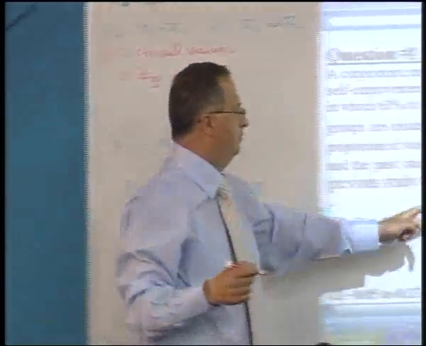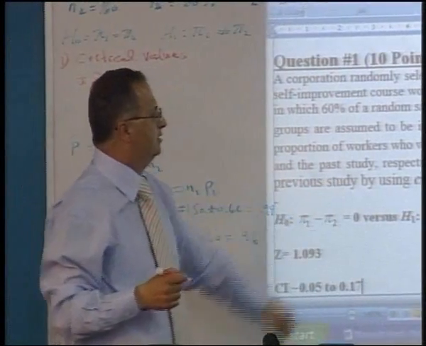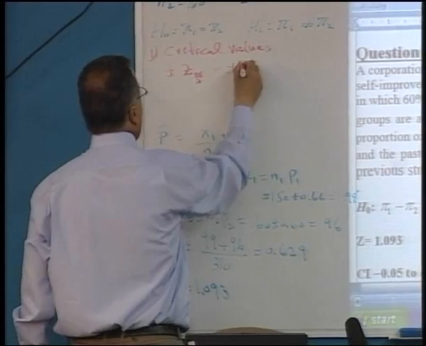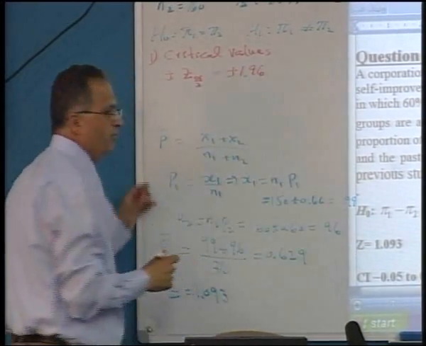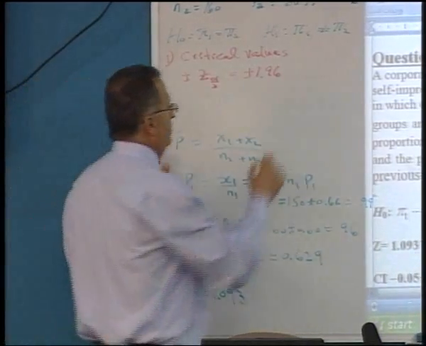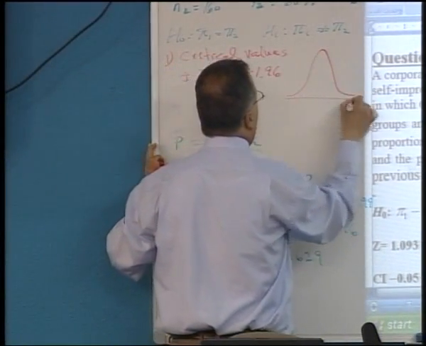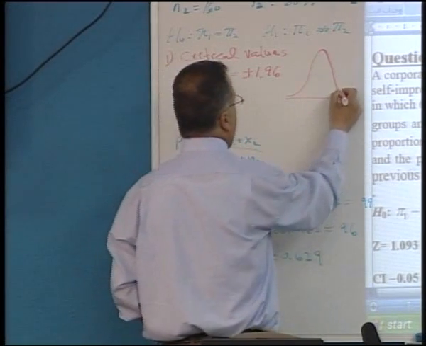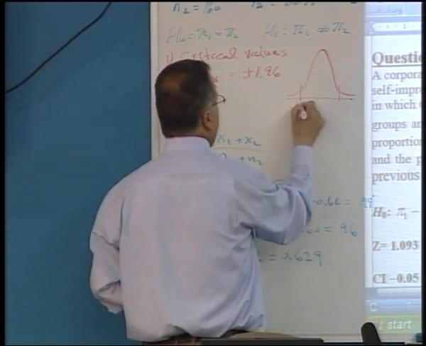Alpha is given as 5%, so in this case it's plus or minus 1.96. Now, does the value of the z statistic, which is 1.093, fall in the critical region?